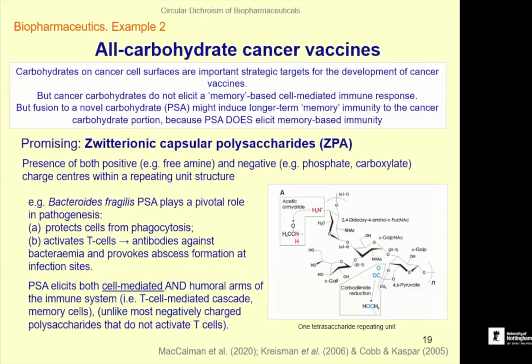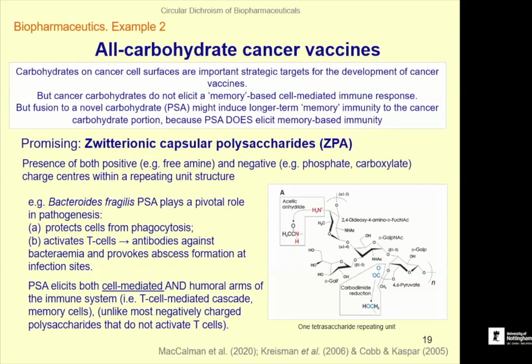And that does work, but it's on a very individual basis. Proteins have great antigenicity, generally speaking. So the idea of an all-carbohydrate cancer vaccine is born out of the difficulty of linking your cancer carbohydrate to a protein which is antigenic and hoping that it works in terms of long-term immunity. It's very difficult to accomplish that. It's much more difficult than the literature suggests.